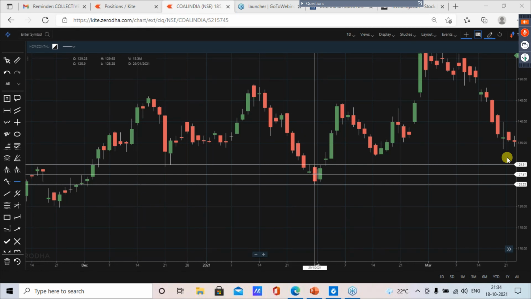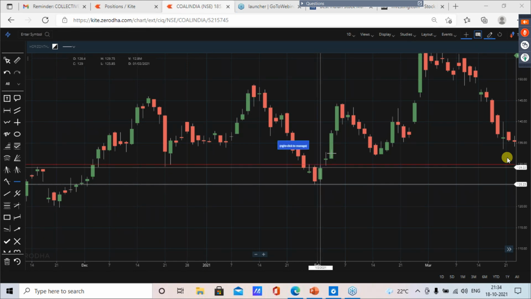If 130 breaks, you can buy a few stocks and hold them in your holdings for the long term until you achieve 10%. So for 130, 13 rupees is 10% return in swing investment, right? If I add 13 rupees, it is a 143 target.